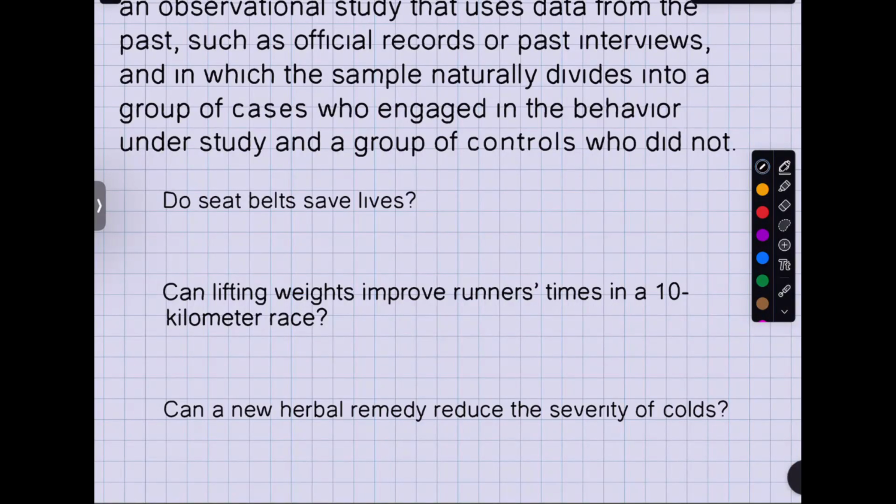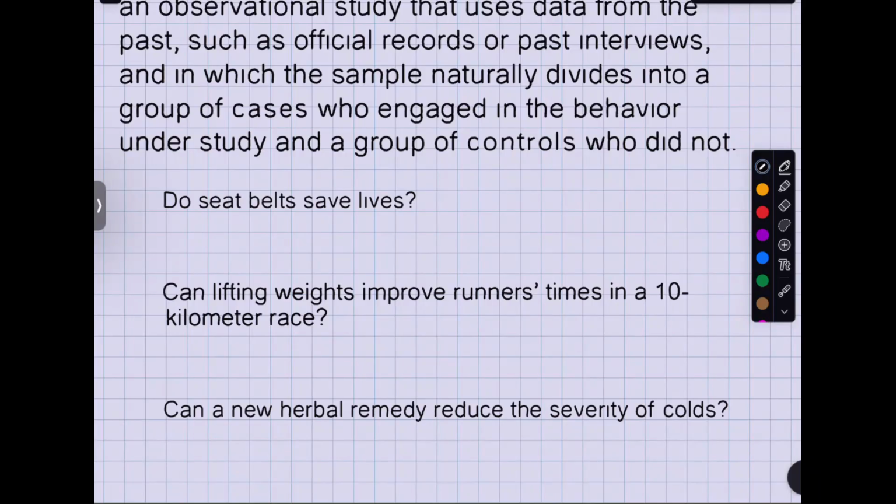Well, this is where, like you were just saying, what we can do is now do the retrospective study. So this will put things more in perspective. Now we can look at people who wore seatbelts in all these past accidents, versus the people who did not wear seatbelts, and how severe the crash was.